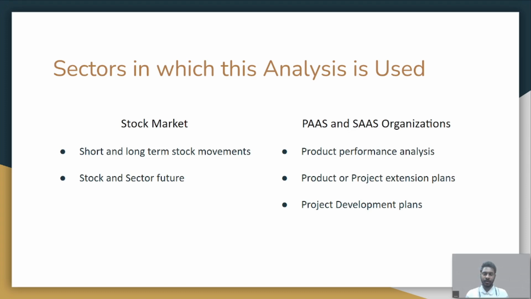If a product is good and the organization wants to upgrade it, they may need extension plans like new machinery, or more land for manufacturing, and if the demand is very high, they need a manufacturing plant extension. How big the extension could be, and what the demand prediction for the product is, can also be predicted with the help of time series analysis.